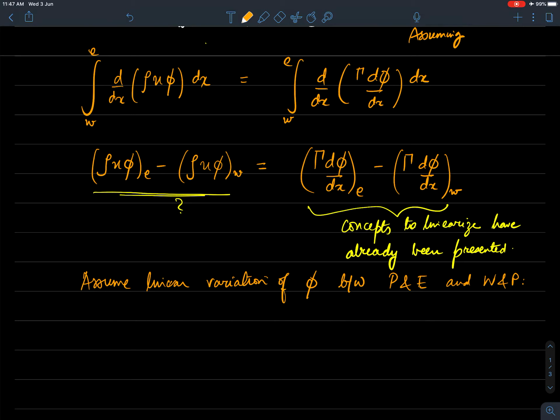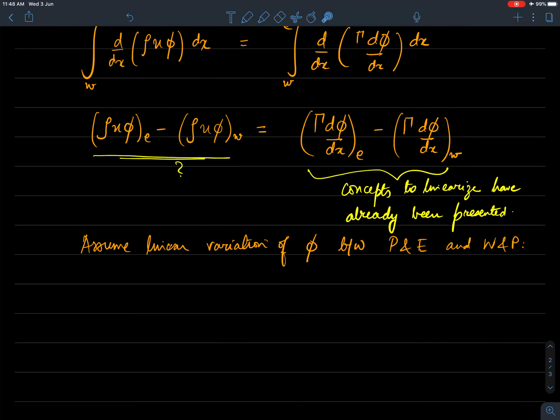And this is essentially the same formulation that we have applied for the diffusive term. When we simplify the diffusive term here, we will again write gamma E d phi dx as phi E minus phi P by delta xe. So that same concept I'm going to use for the convective term.